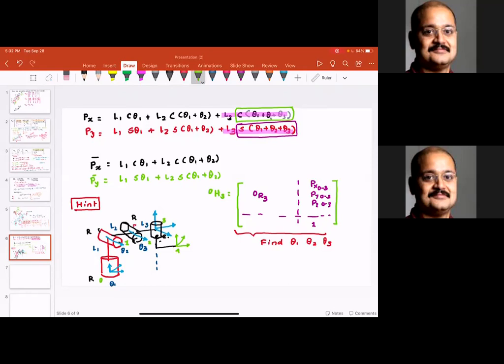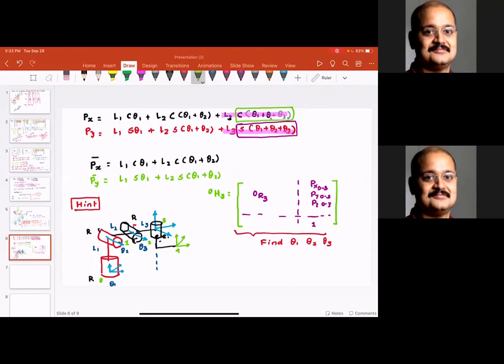Everyone understood? There are 4 frames. For solving the inverse kinematics problem, I split the robot and considered theta 1, theta 2, theta 3. But I still have one more joint for the wrist. Maybe one more or 2 more or 3 more. I don't know, whatever joints they are.